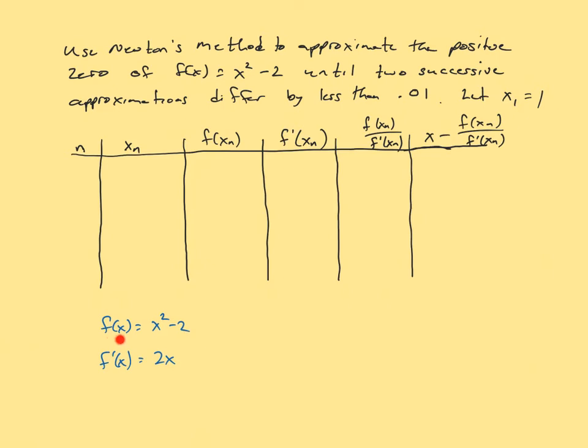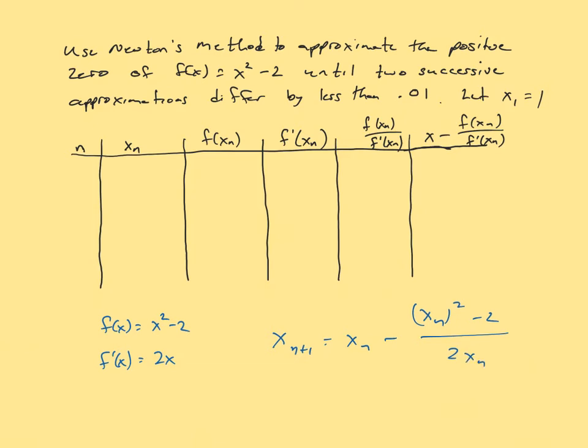In this case, f of x is x squared minus 2, so f prime of x is 2x. And as we saw before, we're going to use x sub n plus 1 is equal to x sub n minus x sub n squared minus 2 over 2 times x sub n.